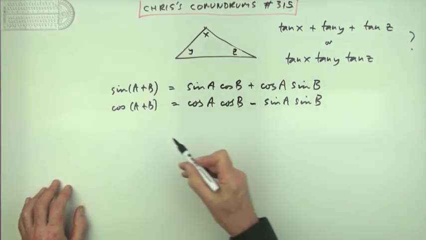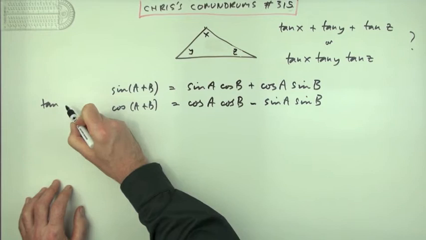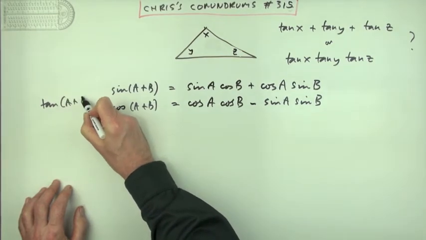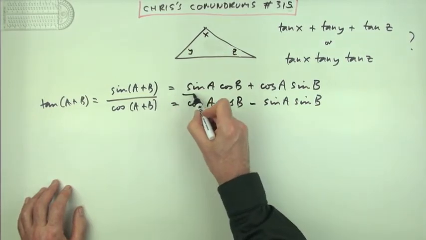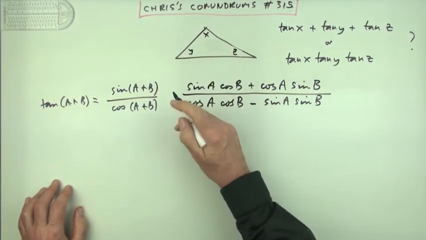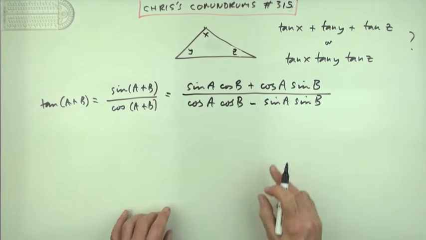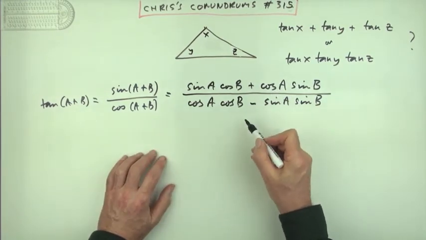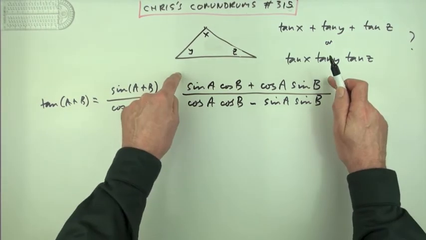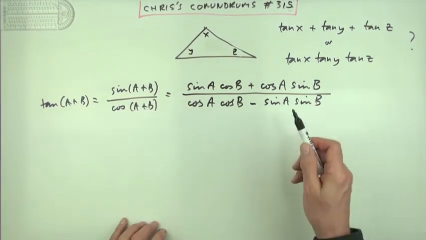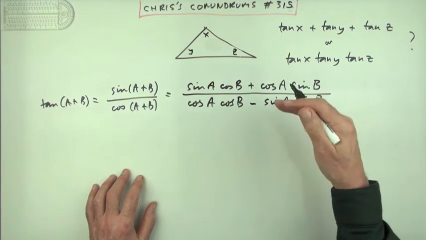So how does that give us tan? Well, tan is sine over cos. So if I wanted an identity for tan of A plus B, I could just divide those. That doesn't look like tans, but you can create tans. It's handy once you've got a fraction, because you can manipulate the top and the bottom to get virtually whatever you want. Well, not quite anything you want.